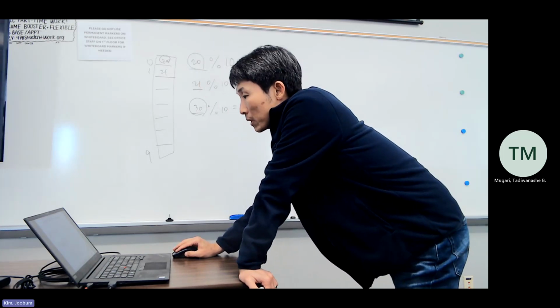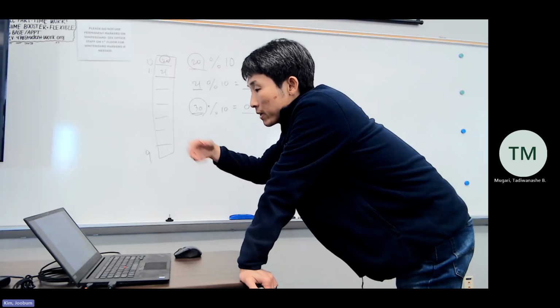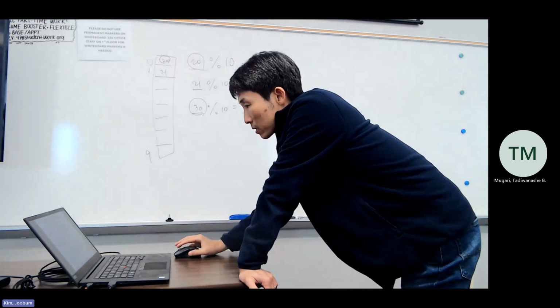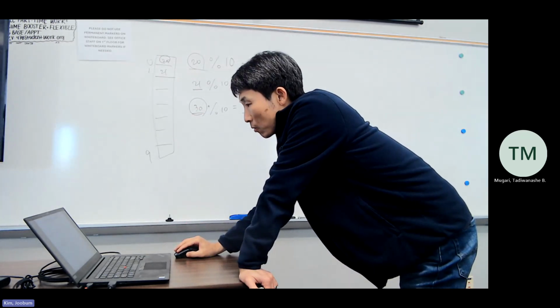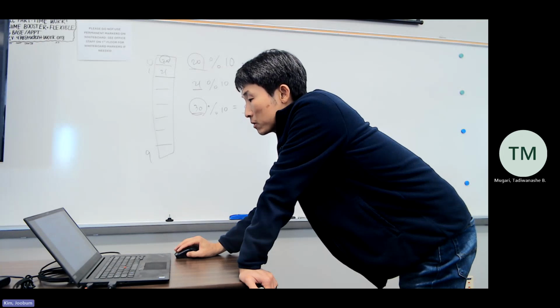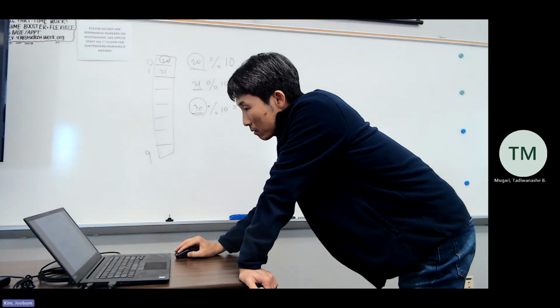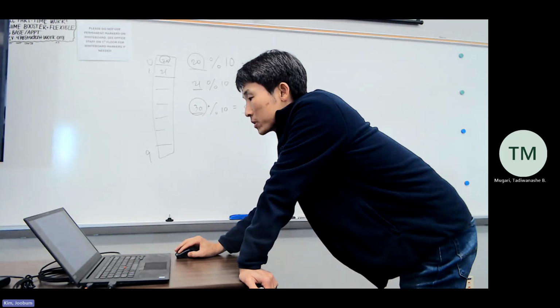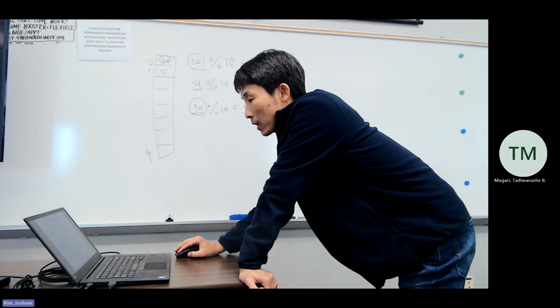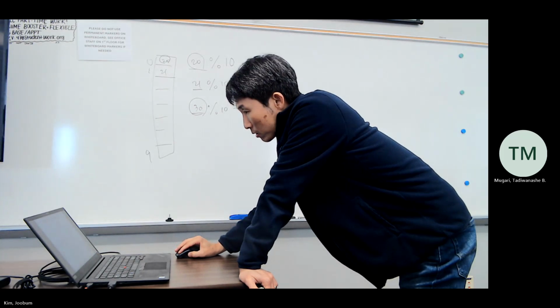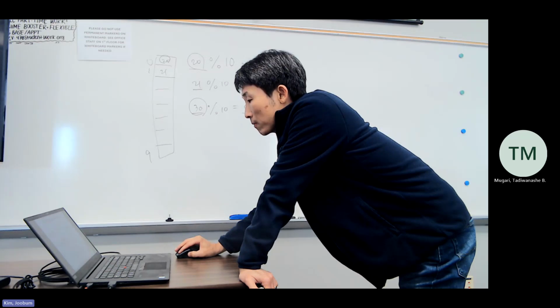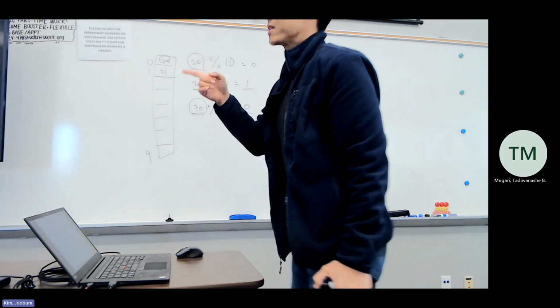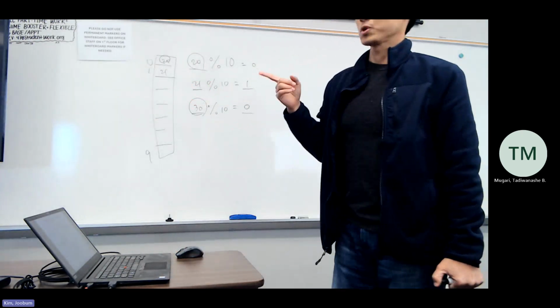Linear probing means just increment the index. 4 is occupied, okay, go to the next, 5. But 5 is already occupied. Okay, increment to 6. But 6 is already occupied by 28. Okay, increment to 7. It is available, it's empty. So 26 is inserted at index 7. That is the linear probing approach.